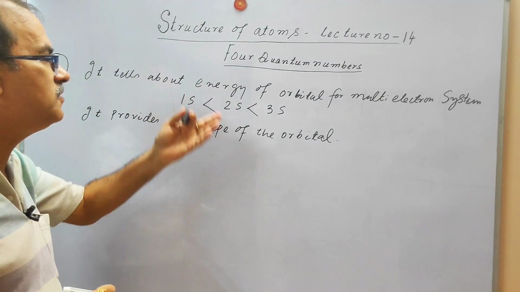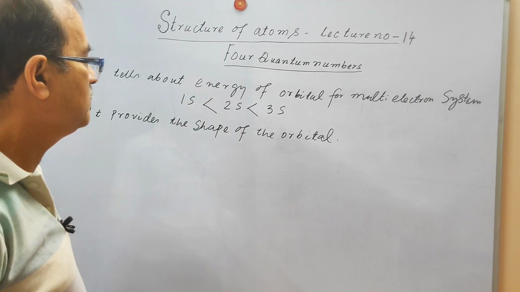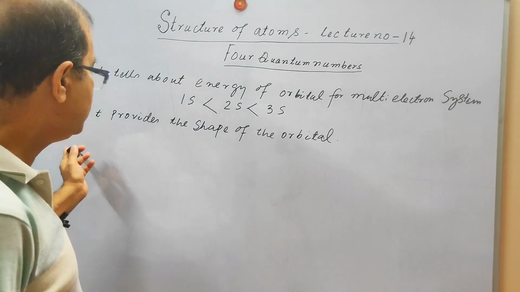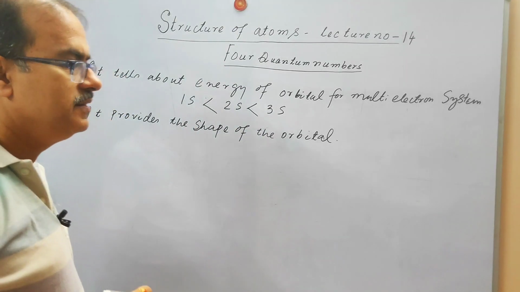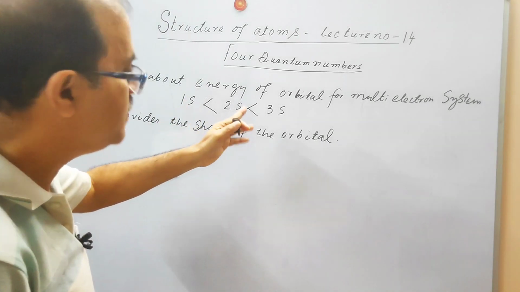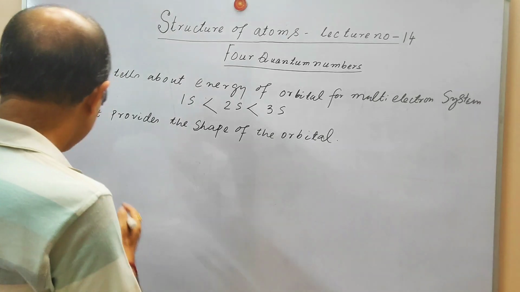The shape of the orbital is governed by which subshell it is present in.